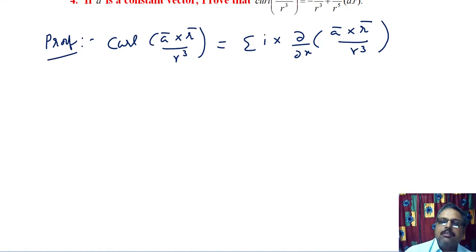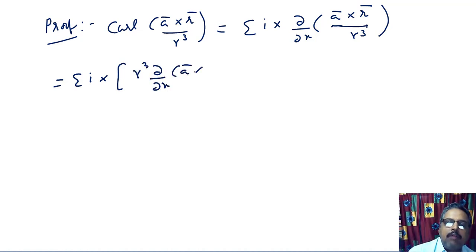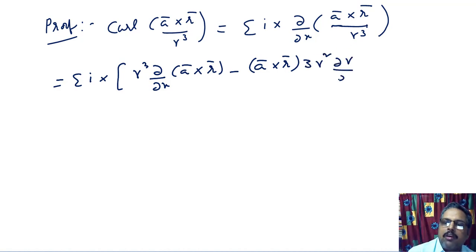Now first differentiate using u by v rule. What is the derivative? r cube into dou by dou x of a bar cross r bar minus a bar cross r bar into r cube derivative is 3r square into dou r by dou x divided by r power 6.